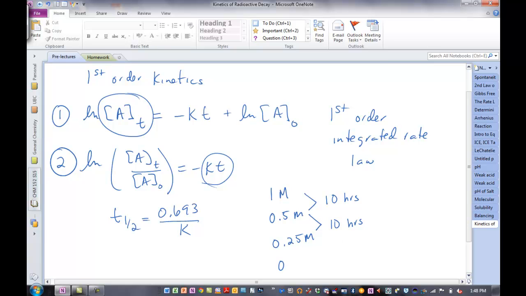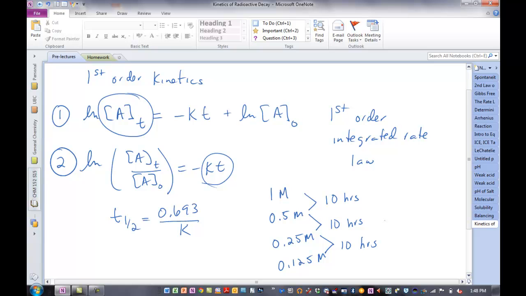And then another 10 hours to cut the concentration in half again. Okay, so that's pretty cool for first-order half-lives, that every half-life is the same amount of time. Okay, for other orders, say for a second order, each half-life actually doubles. They get longer. For first order, they're all the same amount of time, the time it takes to cut the concentration in half.